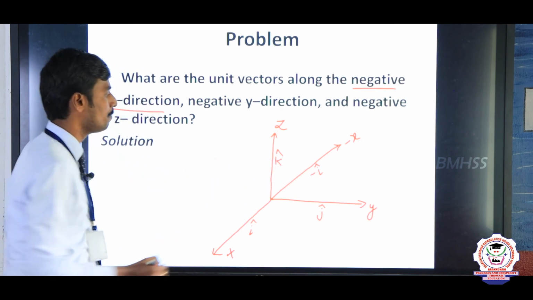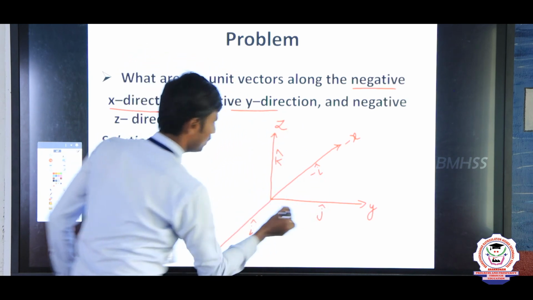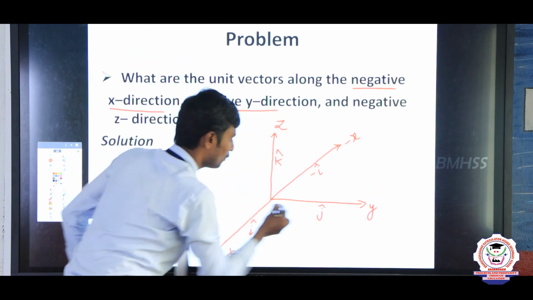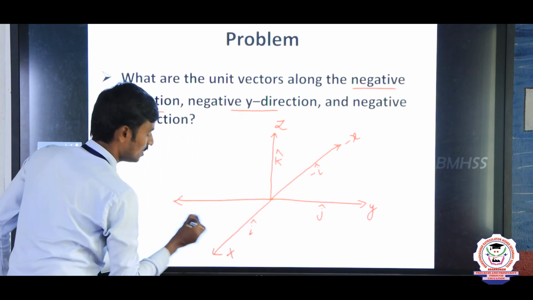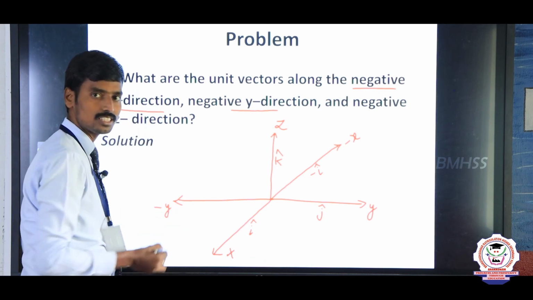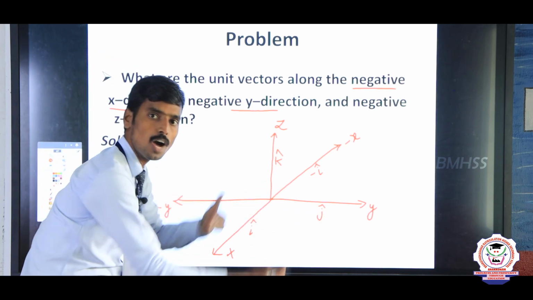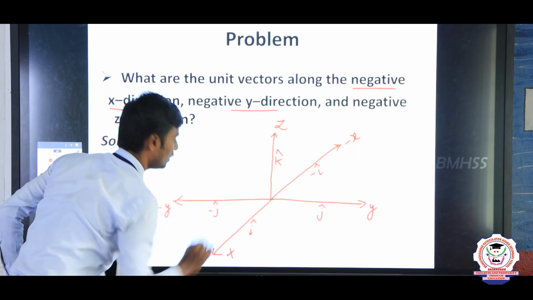Similarly, the next question, negative y direction. This is the y direction, and here it is minus y. For the unit vector j cap, in the opposite direction we take minus j cap.